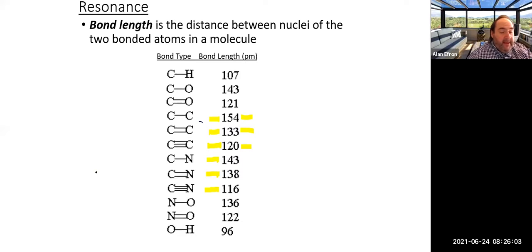When we make a double bond or triple bond, we're bringing those electrons in, right? And when it brings those electrons in, it is going to pull everybody closer together. You have a lot more negative charge coming in here in this region, right?